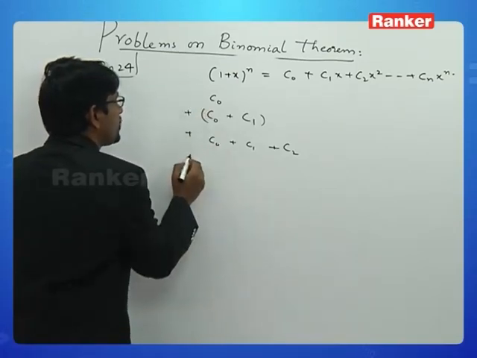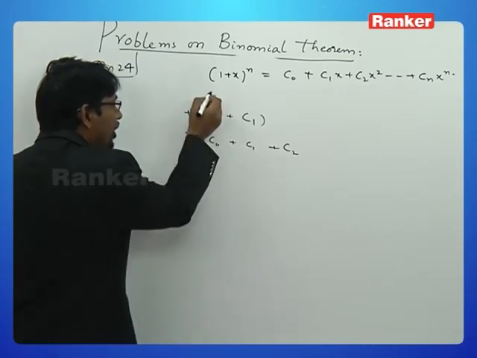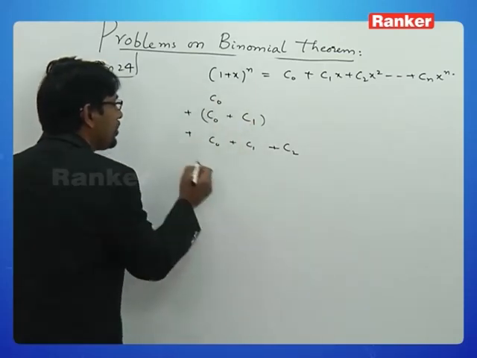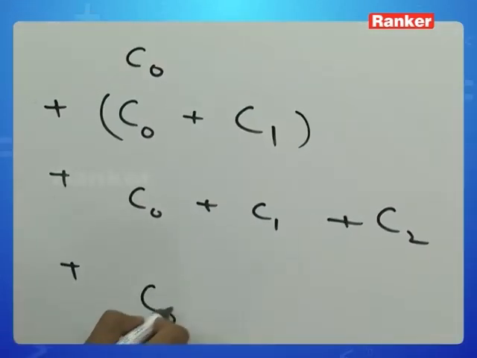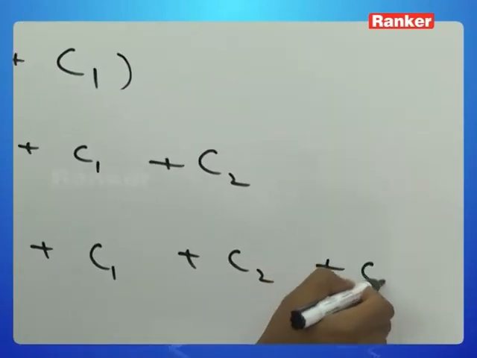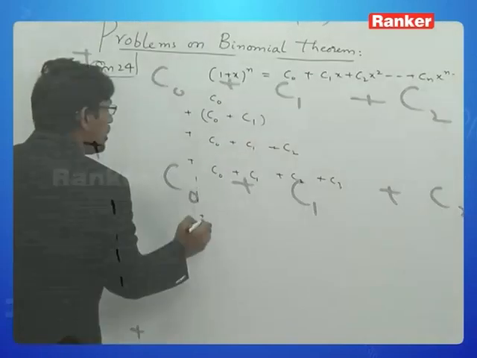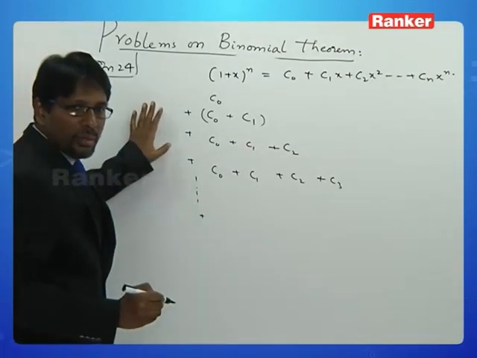And here I am writing all the c naught terms in one column, c1 terms in a column, next c naught, c1, c2, the next term c3. Go on like this. What is the last bracket?